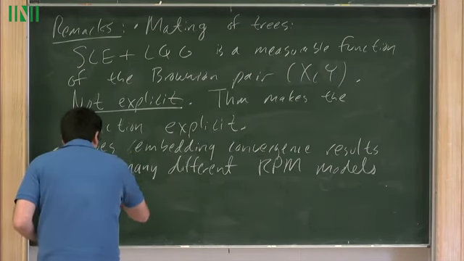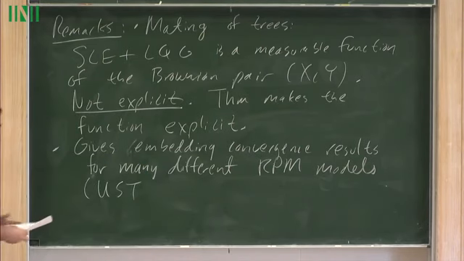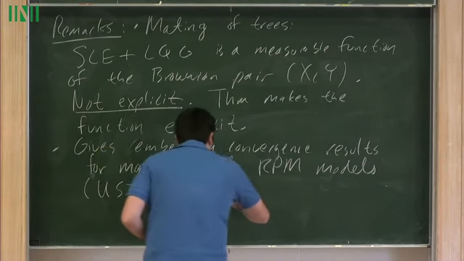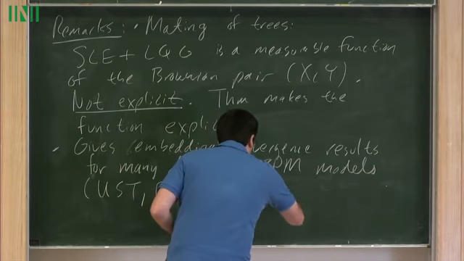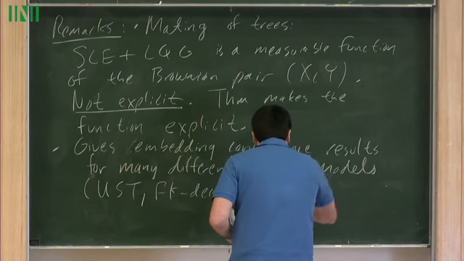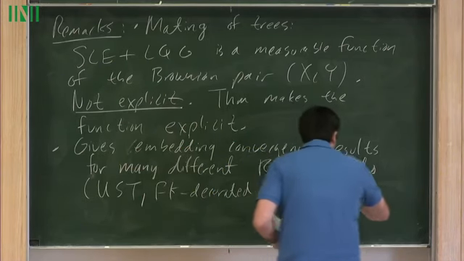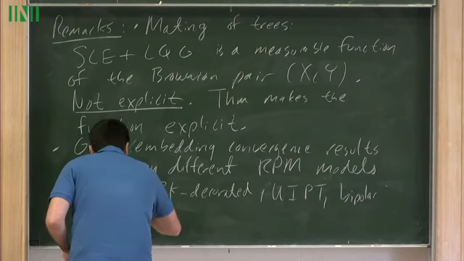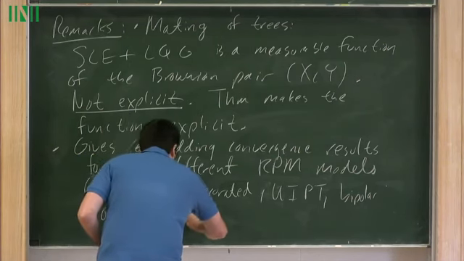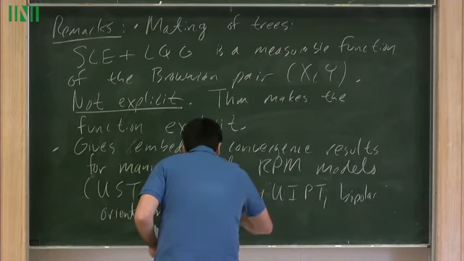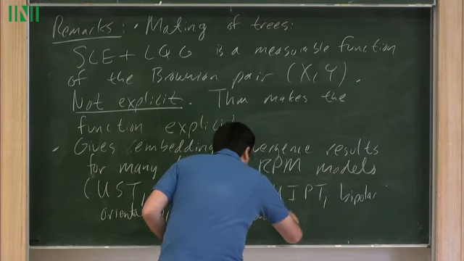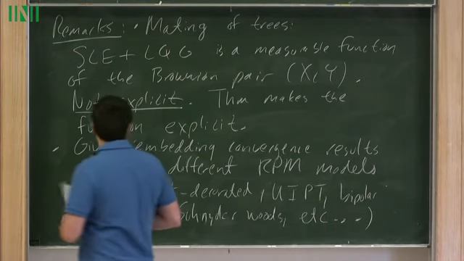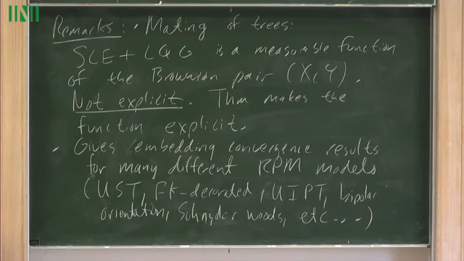And this includes, for example, a random planar map with the uniform spanning tree on top of it, or FK decorated planar maps, also the UIPT, or a map with a bipolar orientation, or a Schnyder wood, etc. And I want to take a moment to explain exactly what this kind of statement means in practice.